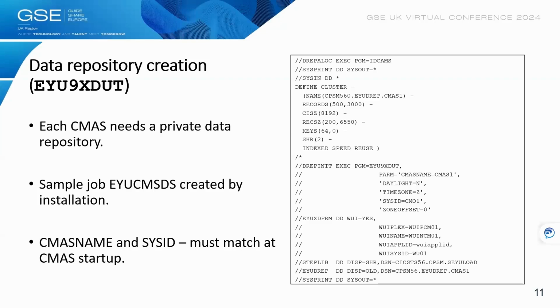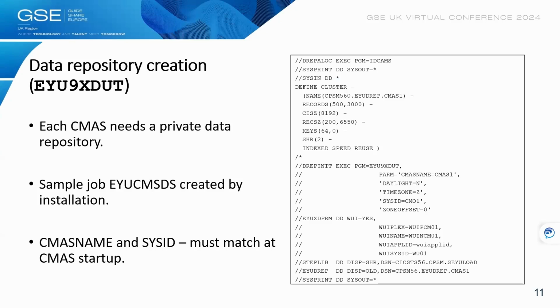So before you get started with a CMAS, you have to build its data repository. So IBM provides this facility called EYU9XDUT, which will create the EYUDREP, or data repository, for the CMAS.